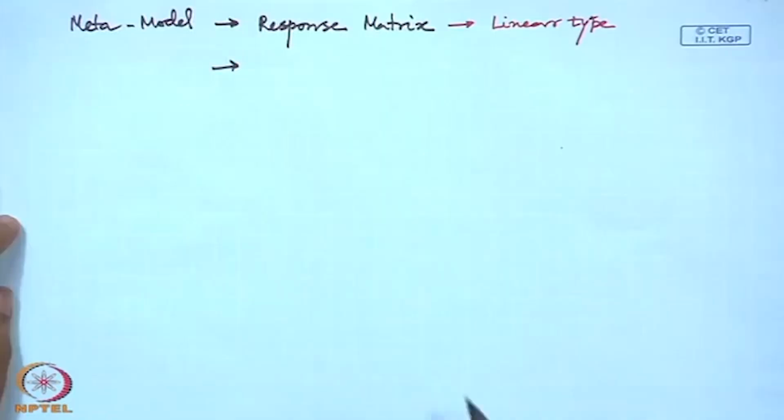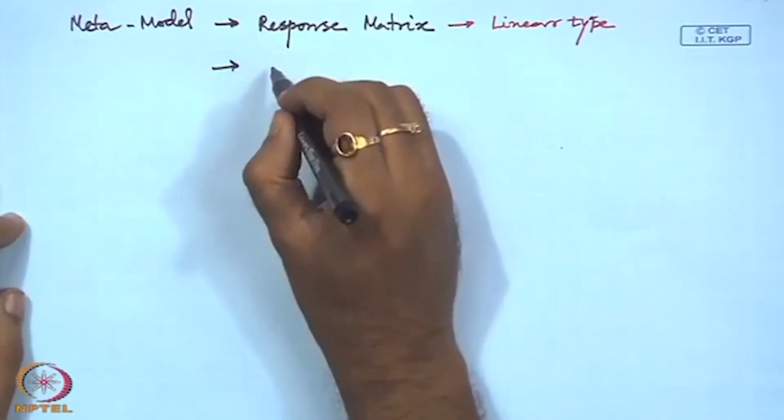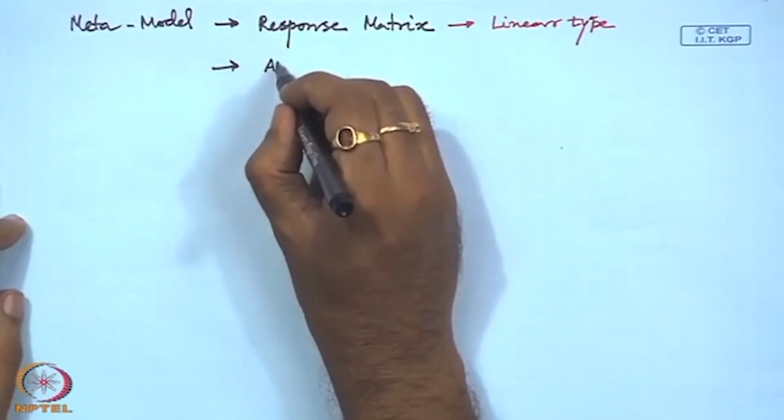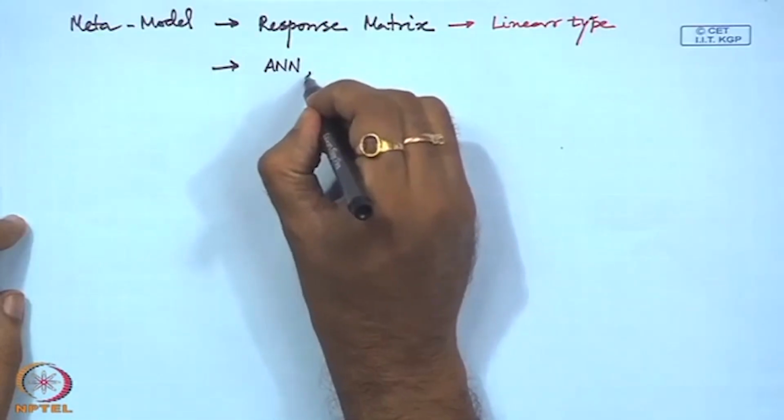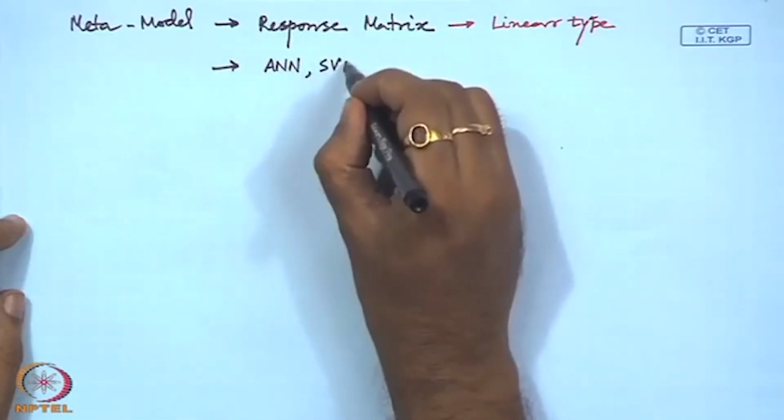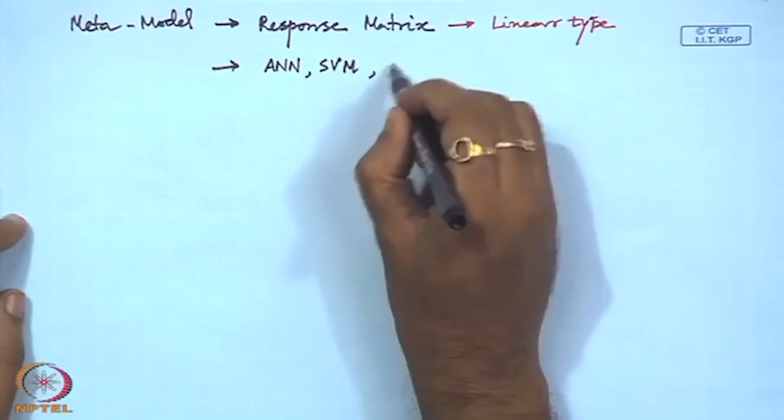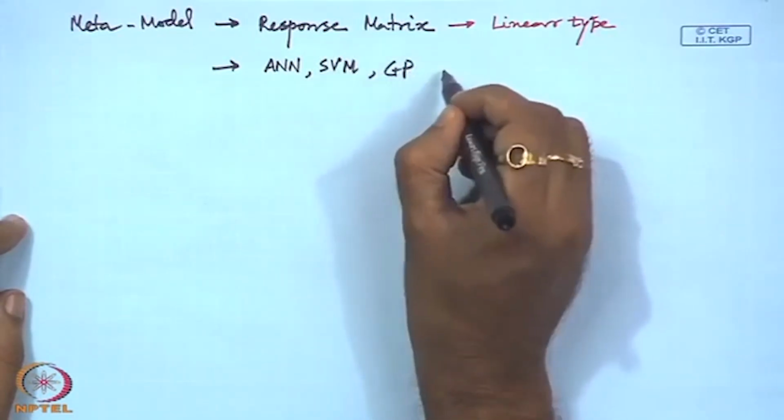So, we need an approach in which we can consider both linear and nonlinear behavior. Nowadays people are using ANN, SVM, GP based models.